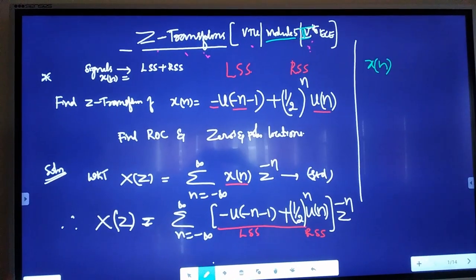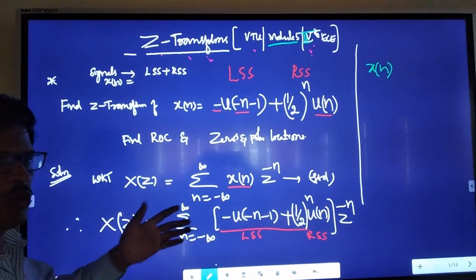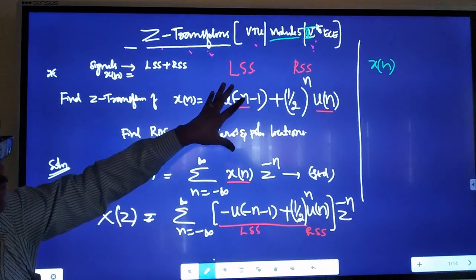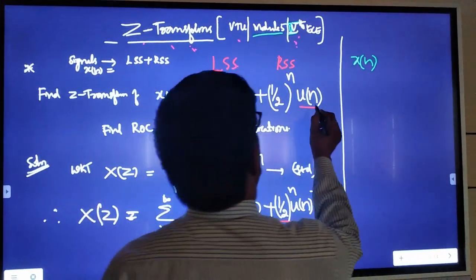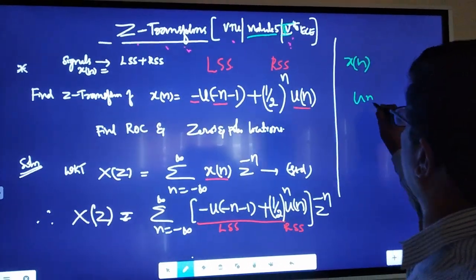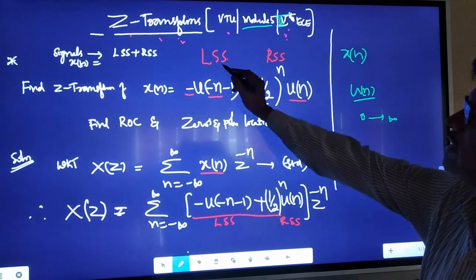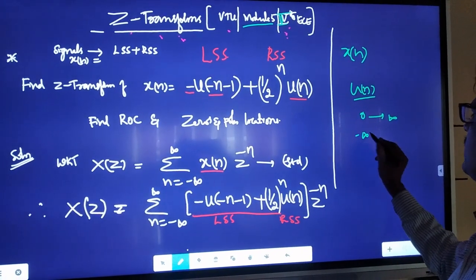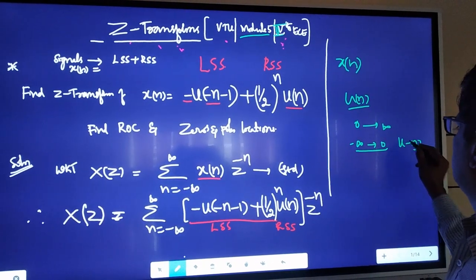We have compared the Z transform with Laplace and Fourier transforms, and solved two simple problems: the right-sided sequence u of n, which exists from 0 to infinity, and the left-sided sequence, from minus infinity to 0, that is u of minus n.